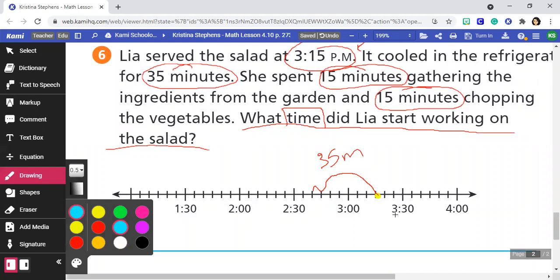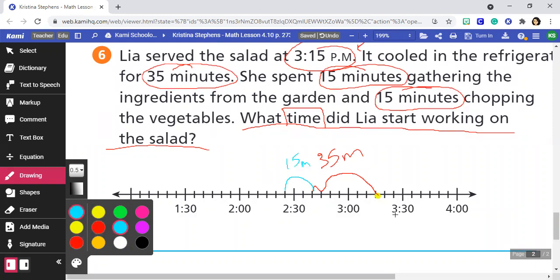And before that, she spent 15 minutes gathering the ingredients from the garden. Well, I feel comfortable jumping 3 tick marks because I know 3 groups of 5 is 15. So there's our 15 minutes that she was gathering the ingredients from the garden.